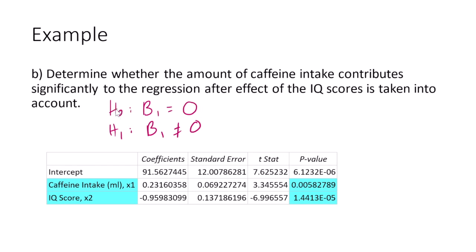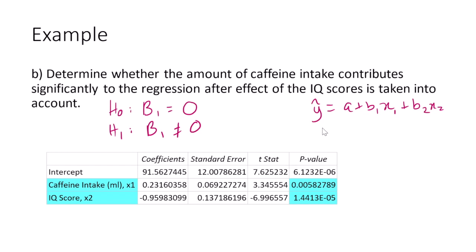When the null hypothesis is rejected, this indicates that the independent variable contributes significantly to the regression model, because y hat equals a plus b1x1 plus b2x2. This is the estimated multiple linear regression.